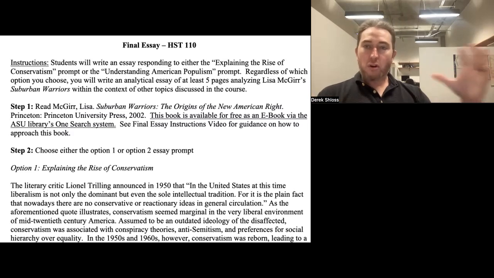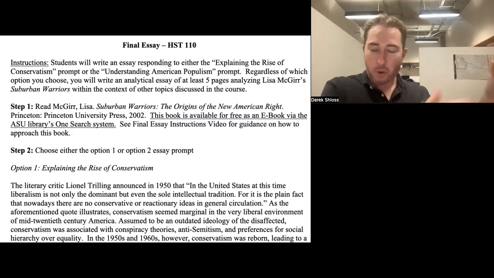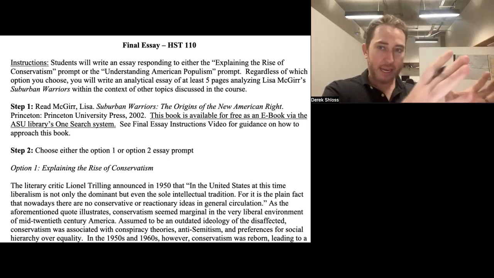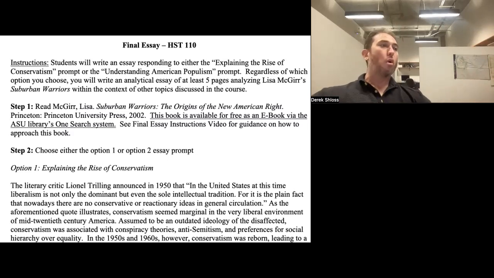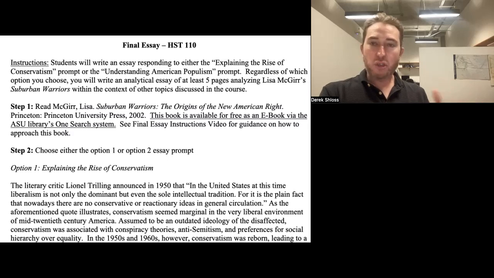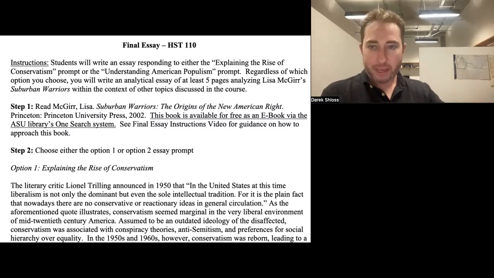From whatever political orientation you approach this assignment with and approach reading this book and thinking about the conservative movement, I think your perspective will be well served by attempting to better understand this movement. If that sort of makes sense.